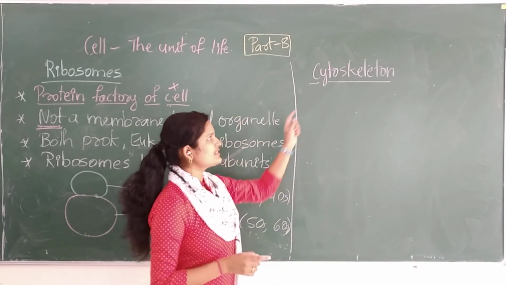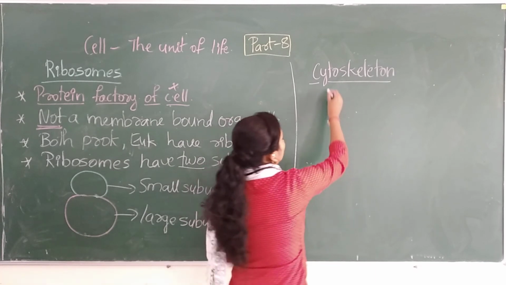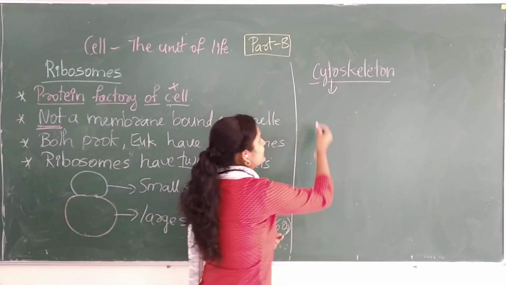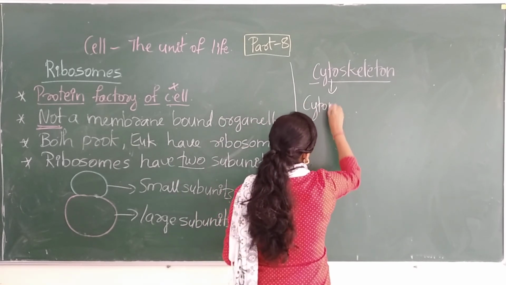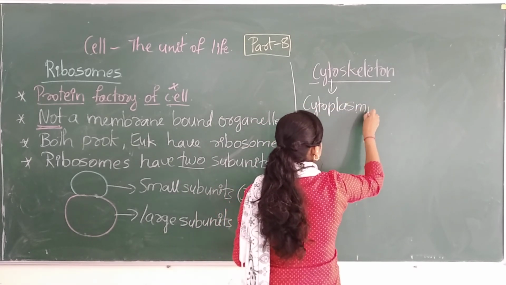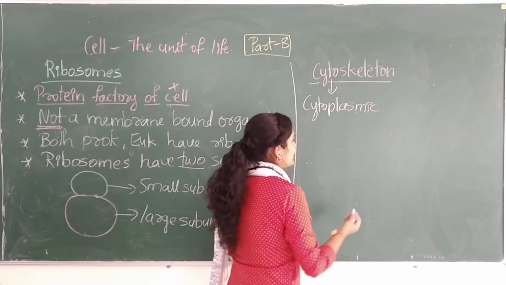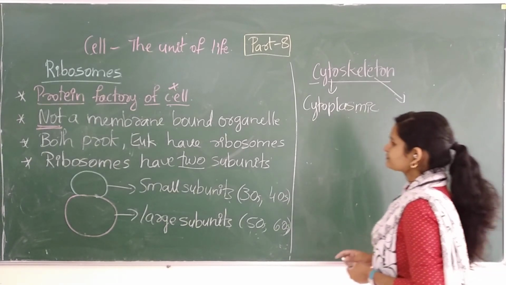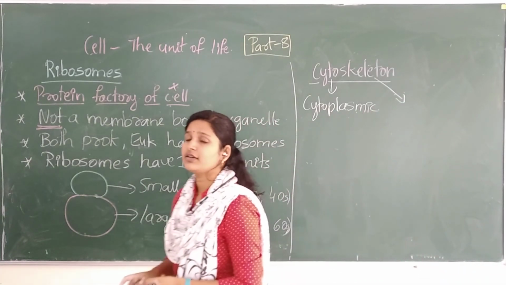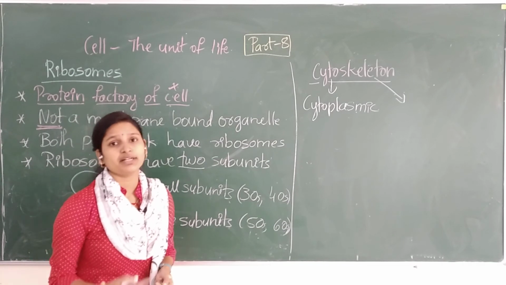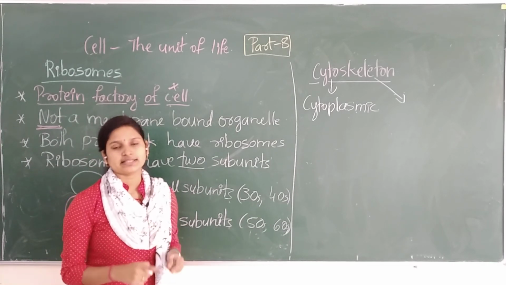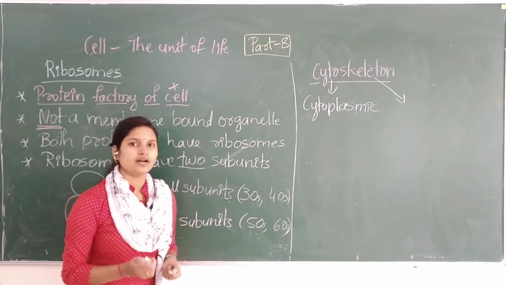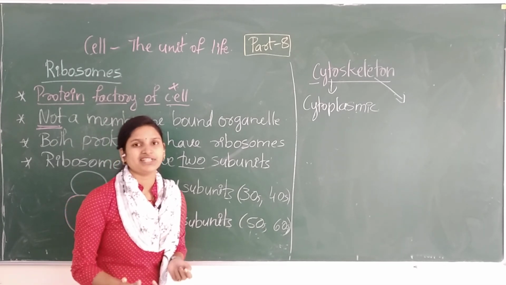So remember cytoskeleton. What do you mean by cyto? Cyto means cytoplasmic region. What do you mean by skeleton? It is a structure, nothing but a protein, present in the cell to provide the cell a definite shape.